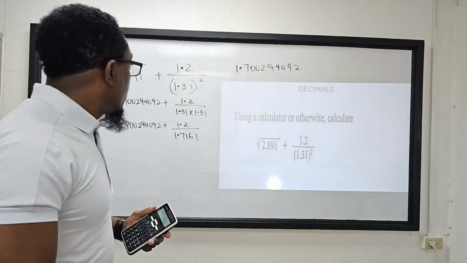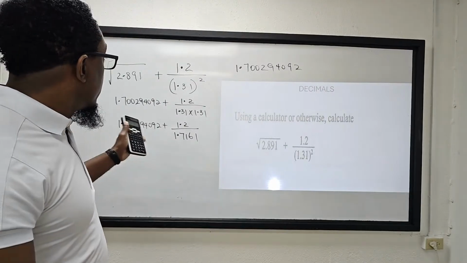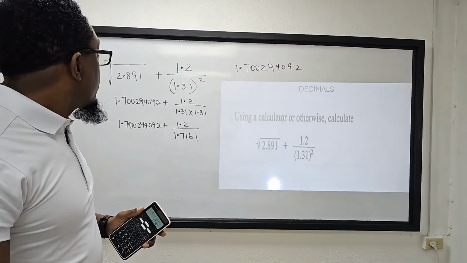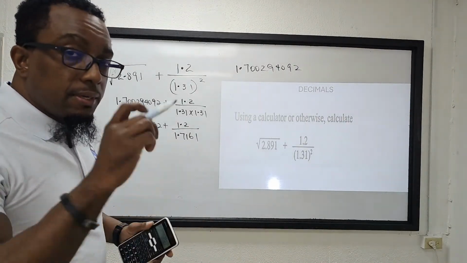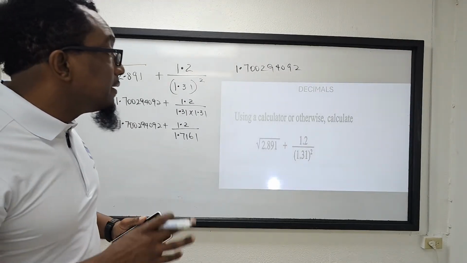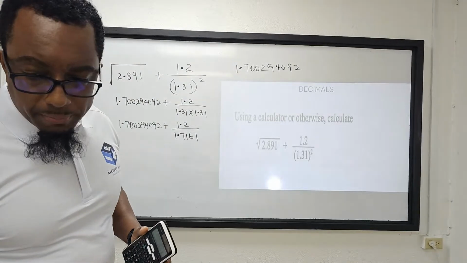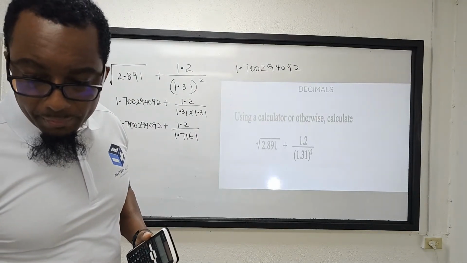Good? I'm going to divide those two decimal numbers now, then add it to what I have as my first decimal number, and then I will approximate my final answer, even though they didn't ask to approximate anything.